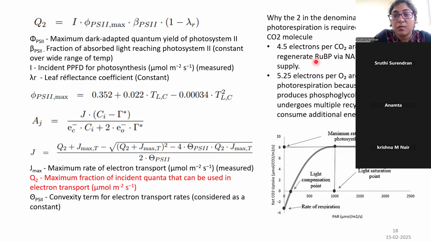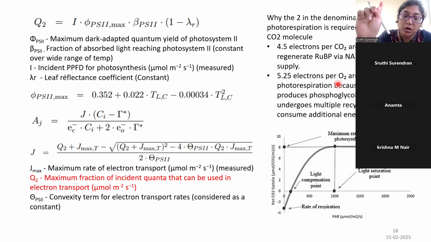Around 4.5 electrons are needed per carbon dioxide to regenerate the ATP and NADPH supply. During photorespiration, around 5.25 electrons are required per half an oxygenation to release carbon dioxide, that is, carbon dioxide is removed from the system.